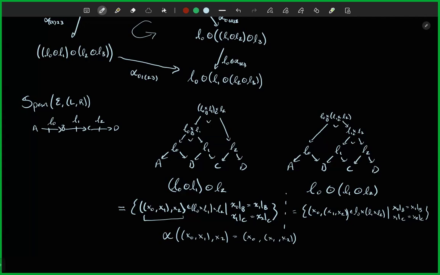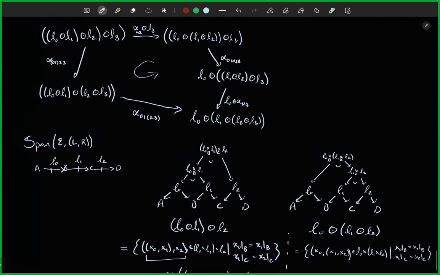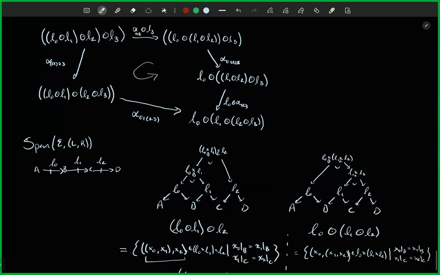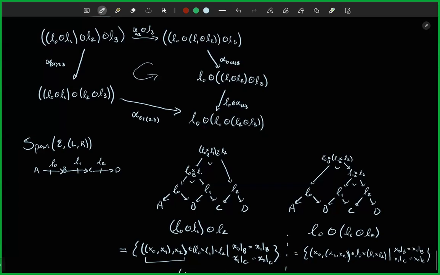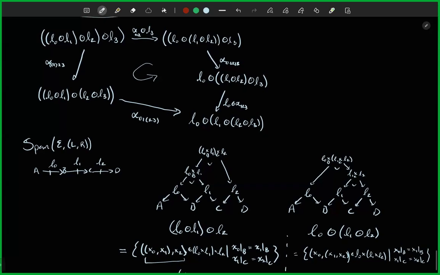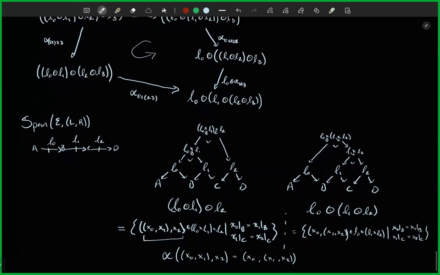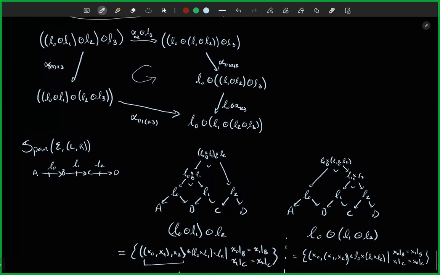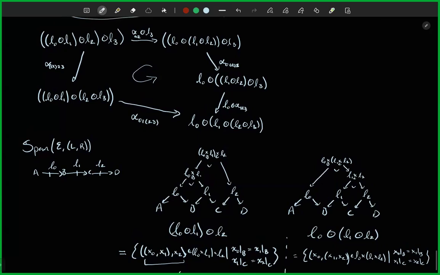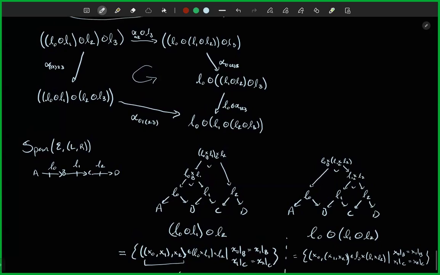So all that the pentagon axiom says up there is that if I take something arranged in that way and I shuffle the parentheses over until they're all arranged in the other way, it doesn't matter the order in which I shuffle all the parentheses over. The resulting thing is the same.